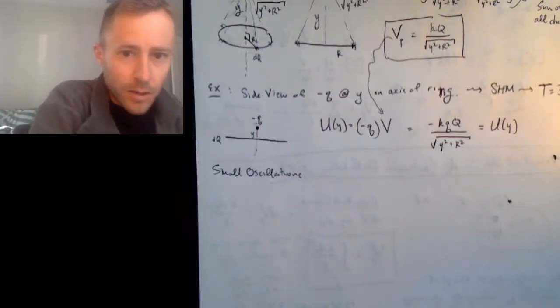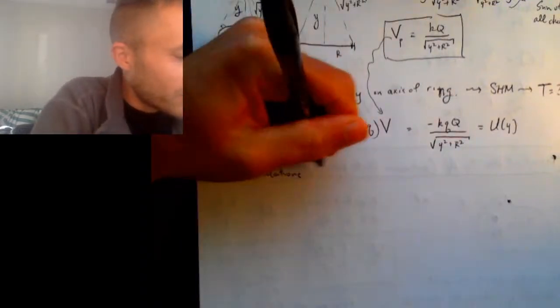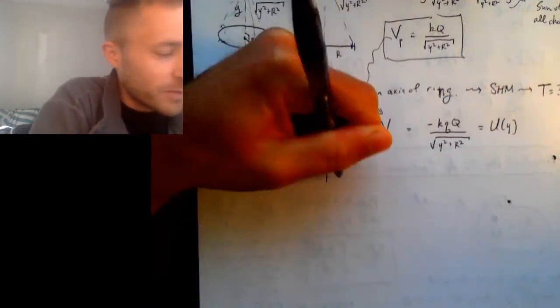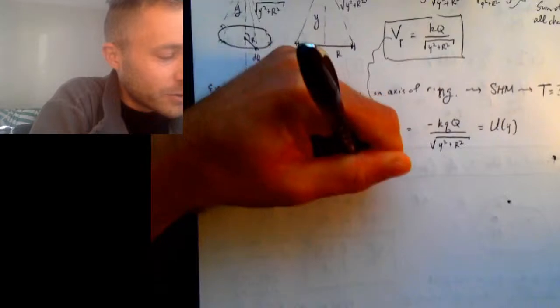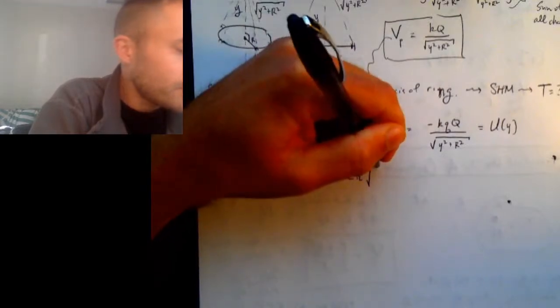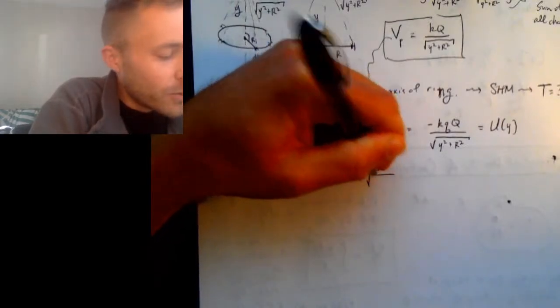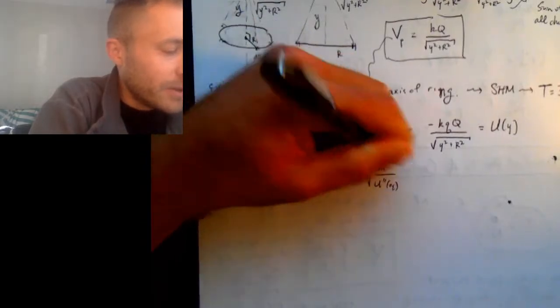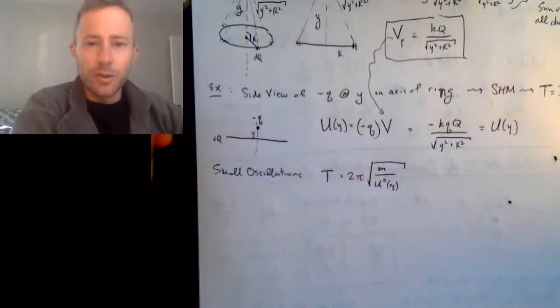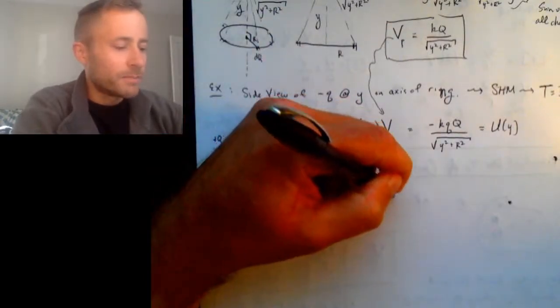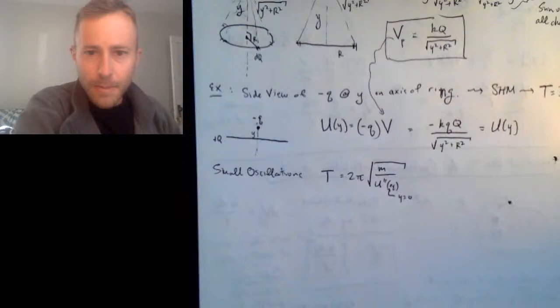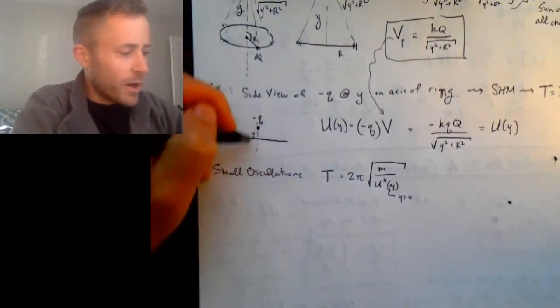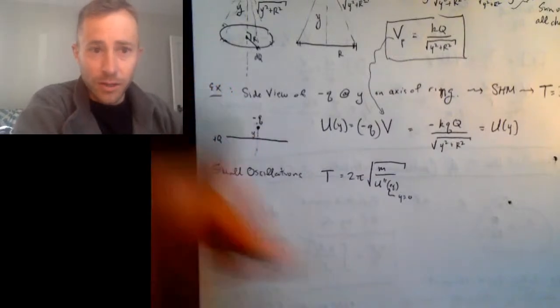So that formula I gave you was that the period is 2 pi square root of m over U prime prime of the equilibrium point. The equilibrium point is going to be y equals 0. Because if y equals 0, then it's in the center of the ring and it's just not going to move.